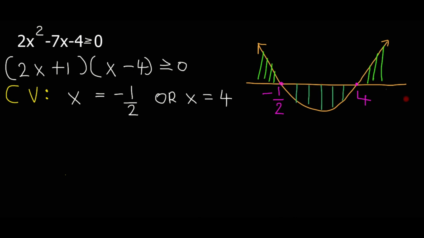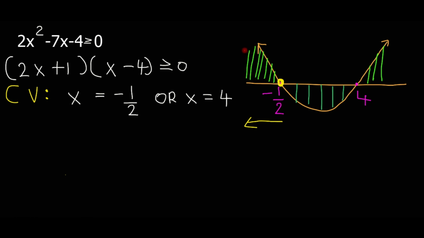So now let's look at what our inequality says. It says greater or equals to 0. So if it's greater or equals to 0, it's positive. We want where our graph is above the x-axis, where it is positive. So we can see that based on these critical values, our graph is above the x-axis from -half going to the left.